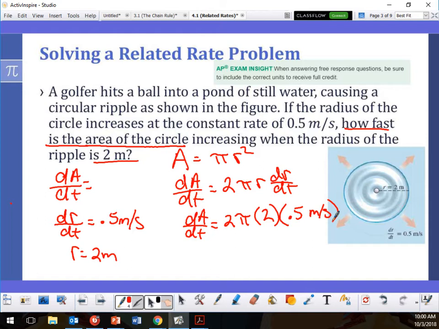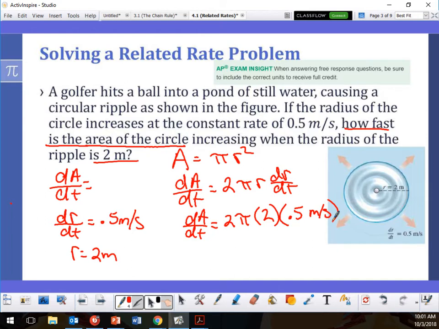What are the units of area here? Meters squared. The area is of the circle in whatever units that is, so it's the rate of change of the area at a certain time.